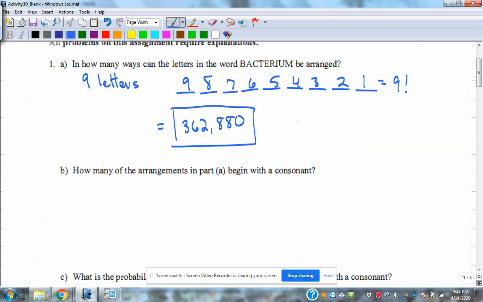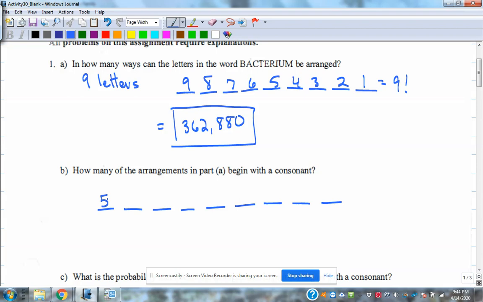Okay, how many arrangements begin with a consonant? Again, we've got 9 spaces to arrange, and we're going to begin with a consonant. Consonants are letters that aren't vowels, so that's the B, C, T, R, and M. So 1, 2, 3, 4, 5 choices for the first space.